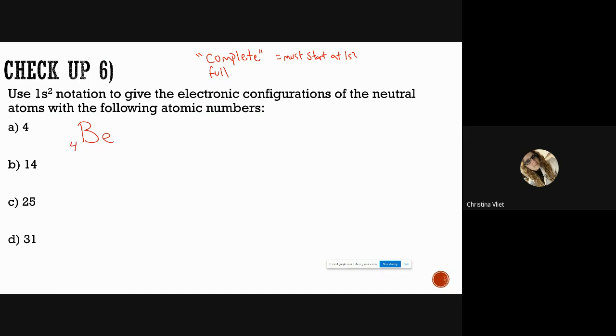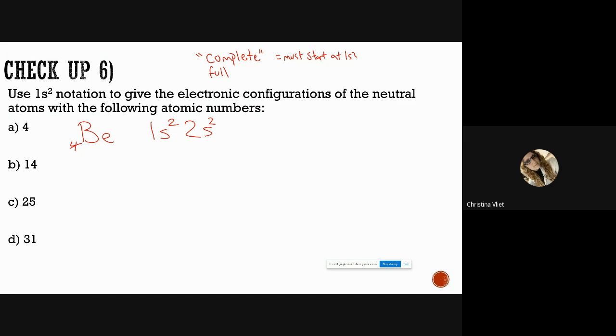So where do we begin filling? 1s. How many electrons are held in 1s? 2. Move on. After 1s, we go to 2s. How many electrons fit there? Are we done? Yeah. That's brilliant.